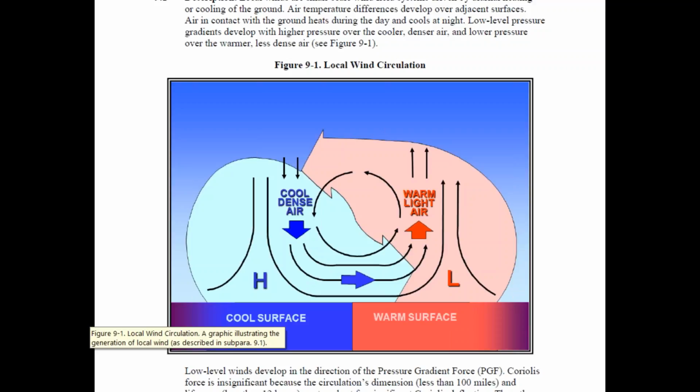So it creates a small high-low pressure, if that makes sense. But it's not a real one like we see on a weather map. It's a little tiny local one that only exists right where you're at.